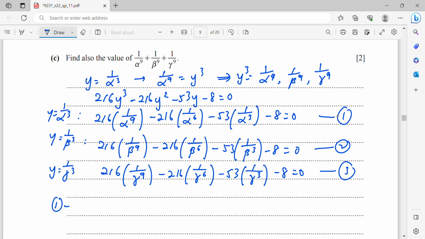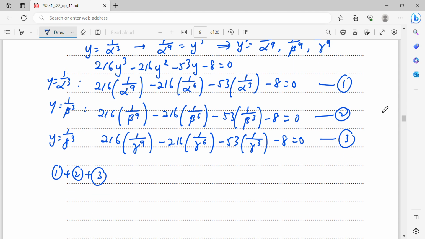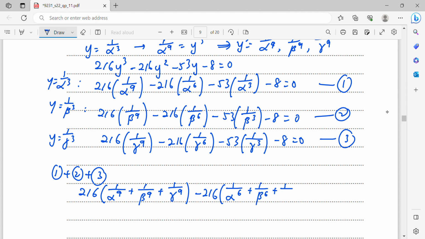When I add up these three equations, the first term, 216, will be in common. So I will write 216 bracket 1 over alpha degree 9 plus 1 over beta degree 9 plus 1 over gamma degree 9. The second term, the common is negative 216: 1 over alpha degree 6 plus 1 over beta degree 6 plus 1 over gamma degree 6.